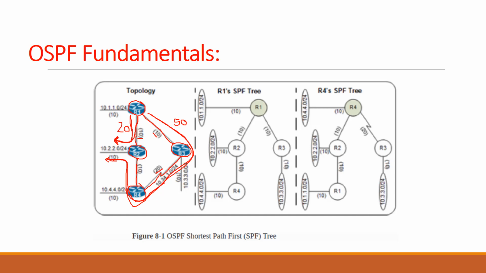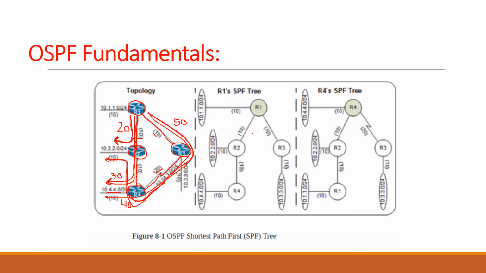Similarly, between R1 and the subnet attached to R4, R1 will go through R2 with 10 plus 10 plus 10 equals 30, or through R3 with 10 plus 20 plus 10 equals 40. So OSPF will choose this path because it has the lowest metric.